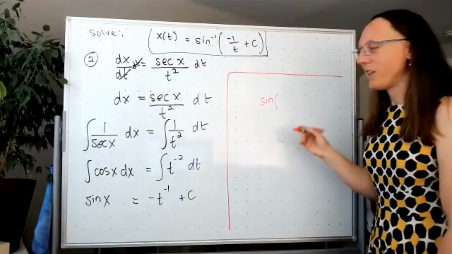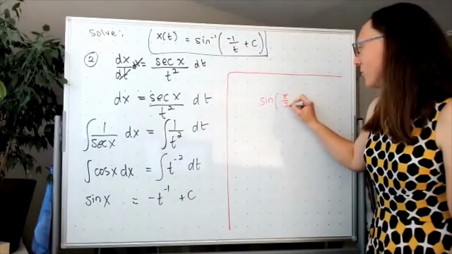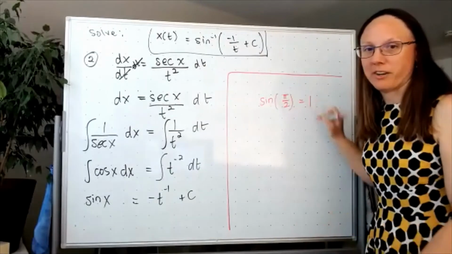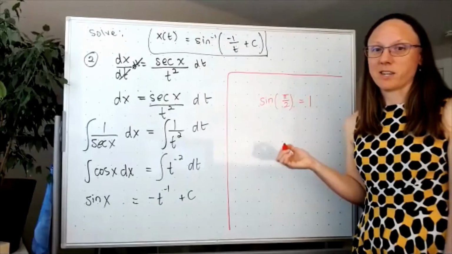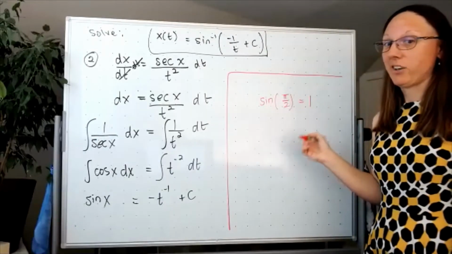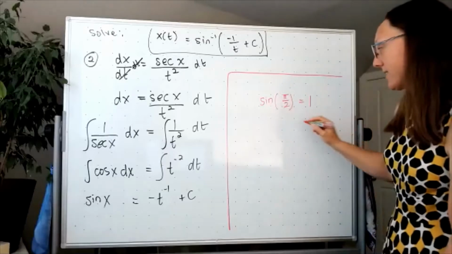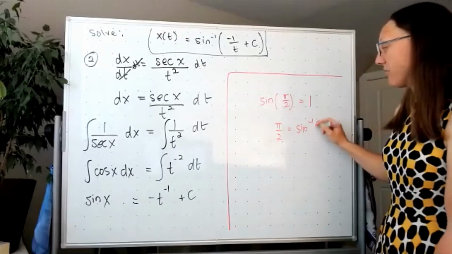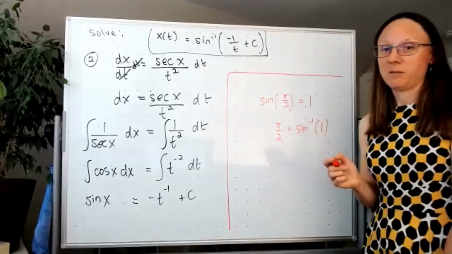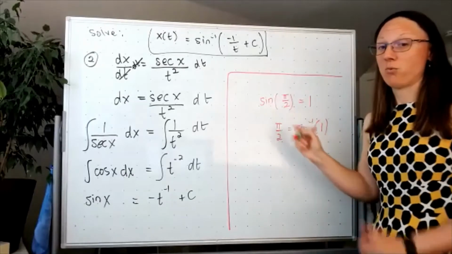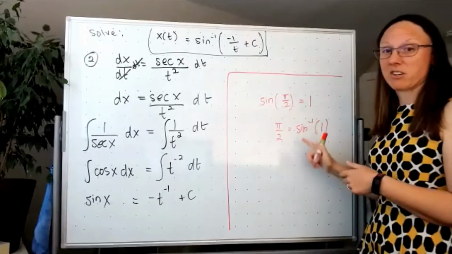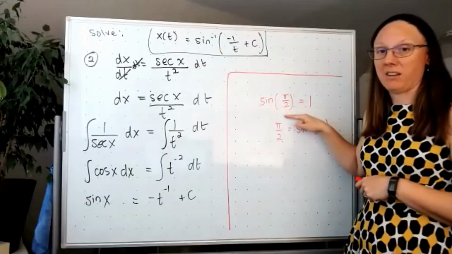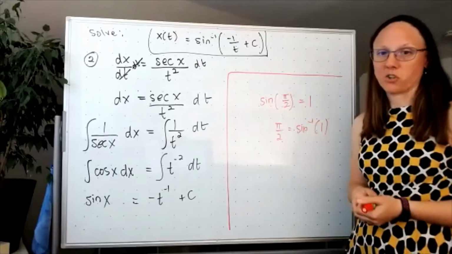If I told you that sine of pi over 2 was equal to, well, here's the part, you should know the value, but I'll just put it in here for us. Sine of pi over 2 is equal to 1. I could also write this statement as pi over 2 is equal to sine inverse of 1. So sine inverse is the inverse function of sine. So if I'm trying to get the thing out of the sine, I apply sine inverse to it.